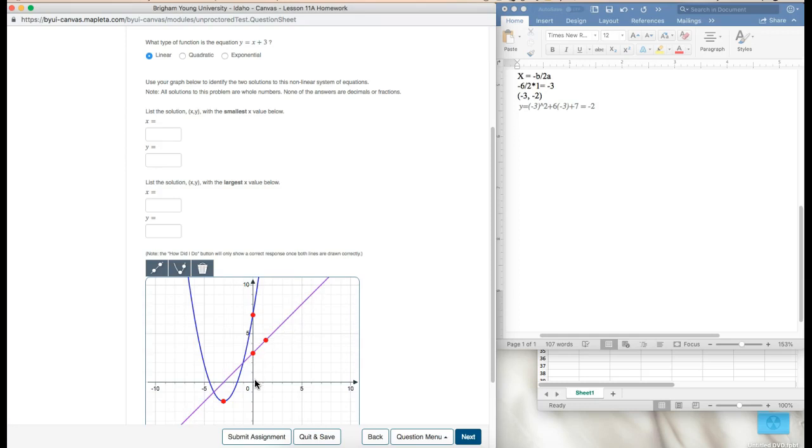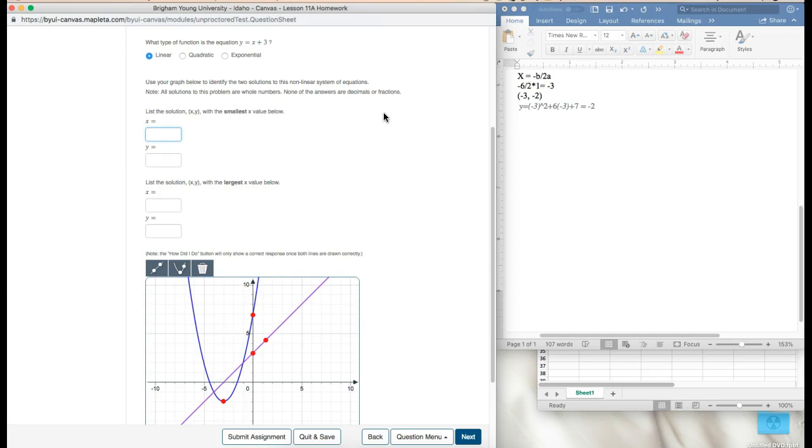All right, so it's asking to list the solution (x, y) with the smallest x value. So I want to go as far left as possible because that's the smallest. To the right is bigger, so the very left is -4, -1. So x value first, -4, and then down -1.